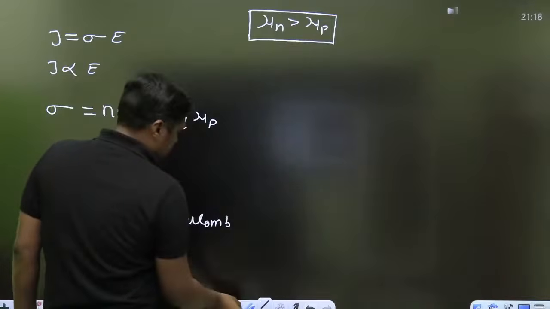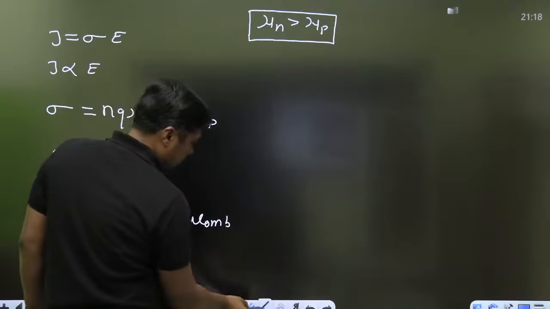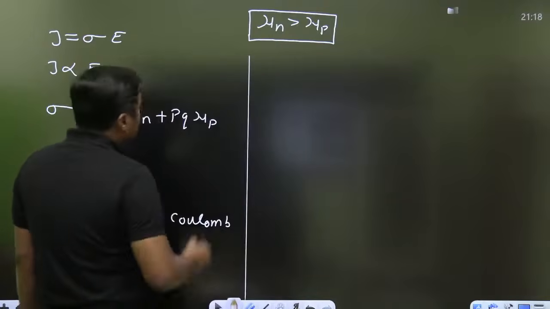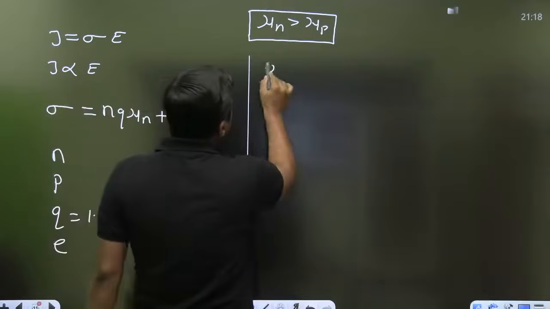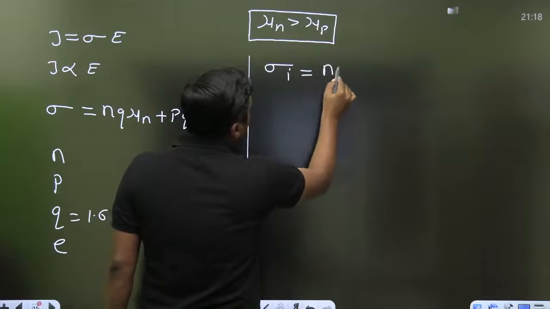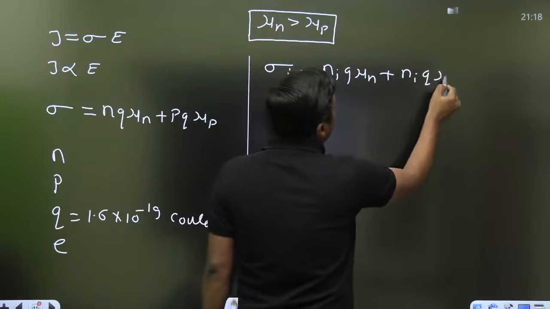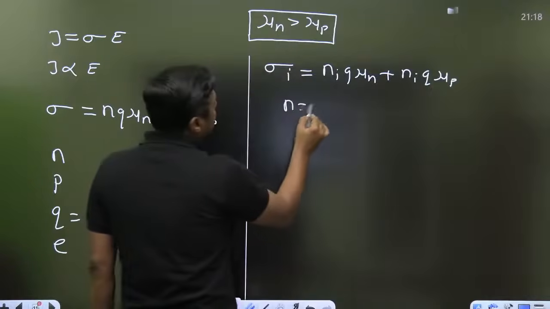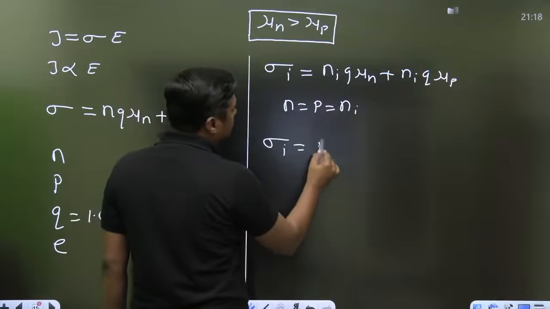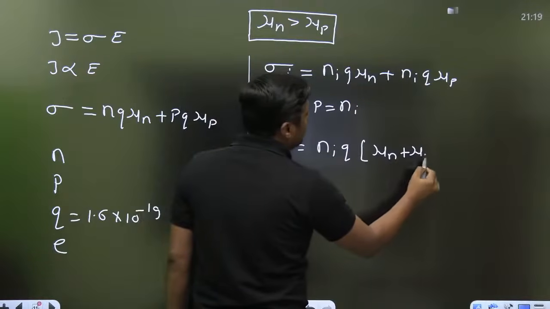Then for intrinsic semiconductor, the conductivity will become NIQ mu N plus NIQ mu P, because n is equal to p is equal to ni, intrinsic carrier concentration, therefore NIQ times mu N plus mu P.